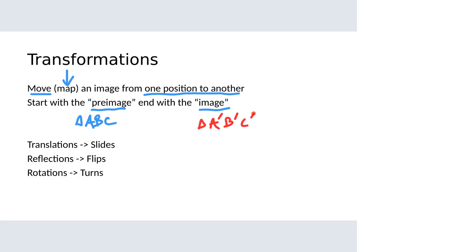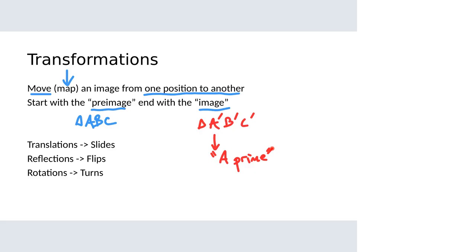Essentially, each one of those vertices has been moved. And since we moved it, we put that apostrophe on there. The way that we refer to that is as A prime. That's what that apostrophe means, is this A prime in this image came from A that was in the pre-image.